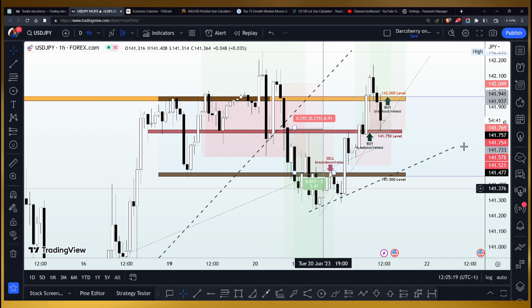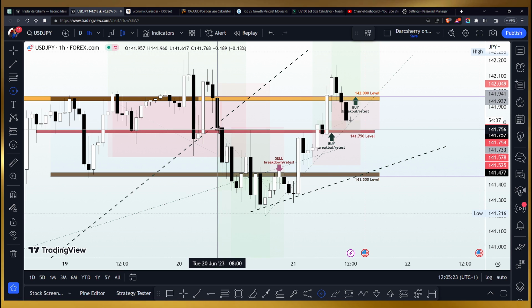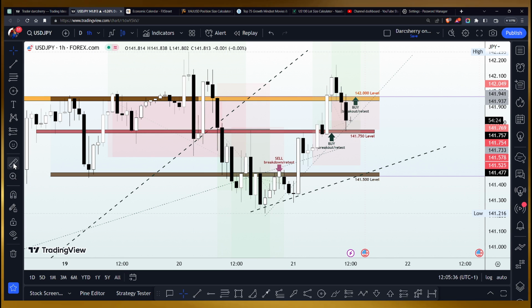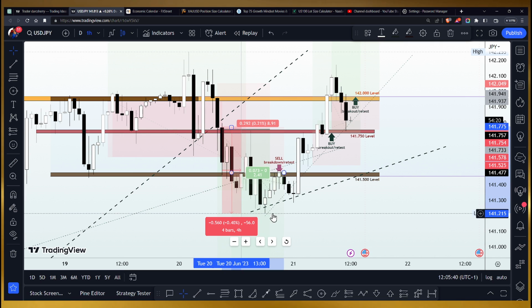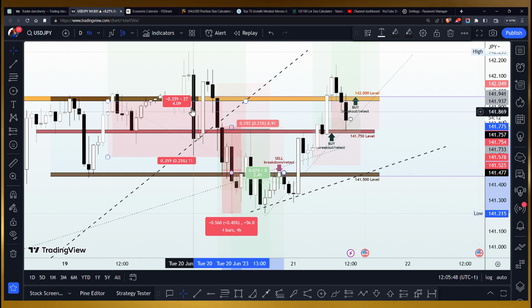And remember that we had a sell stop order below the 141.750, like I said here, that if we have a breakdown and retest of this trend line and the 141.750, we would be part of a bearish move, which we did, and we rode that move all the way to the downside, about 56 pips in profit before this bullish momentum began.